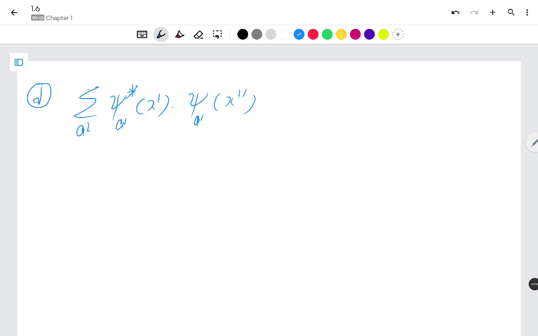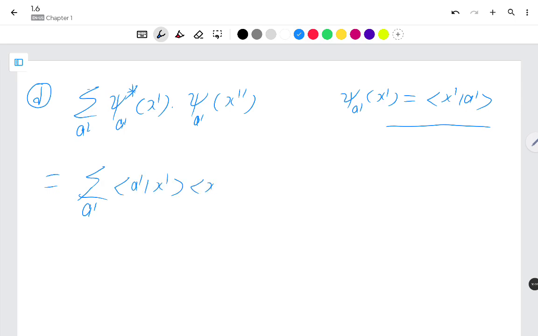We need to evaluate this, and they have given us this, which we already know, but for the sake of completeness they have given this. So we need to take the complex conjugate of this, which is changing the order, and this will be x double prime a prime.